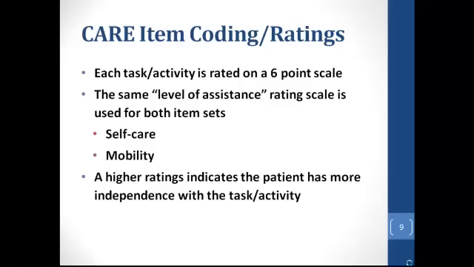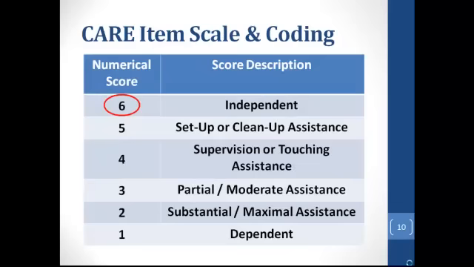The same level of assistance rating scale is used for both item sets, the self-care and the mobility. A higher rating indicates the patient has more independence with the task or activity. A 6 on the CARE item rating scale indicates independence with the task or activity, and each number less than 6 represents increasing levels of dependence.